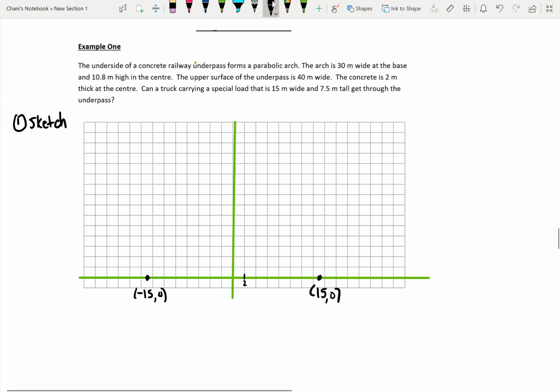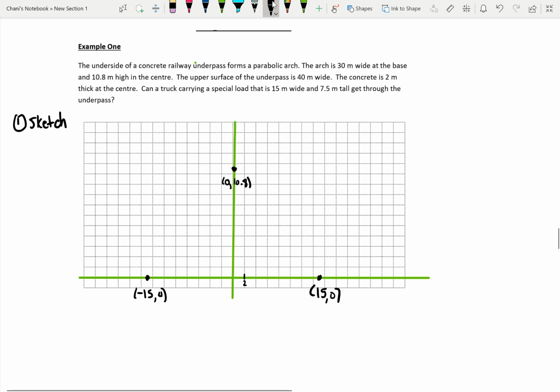Okay, and then we know that it is 10.8 meters high. So 1, 2, 3, 4, 5, 6, 7, 8, 9, 10.8. We can eyeball that. So that coordinate is 0, 10.8. Okay, so this arch is there then.